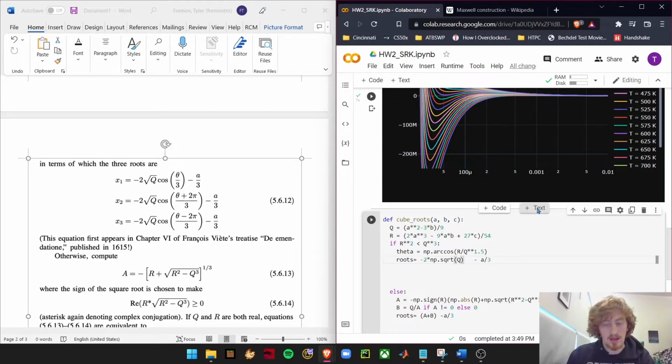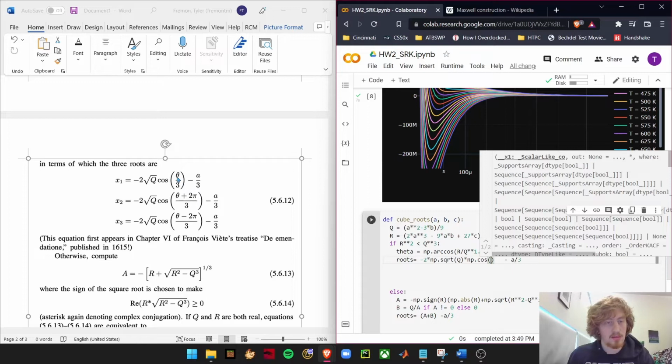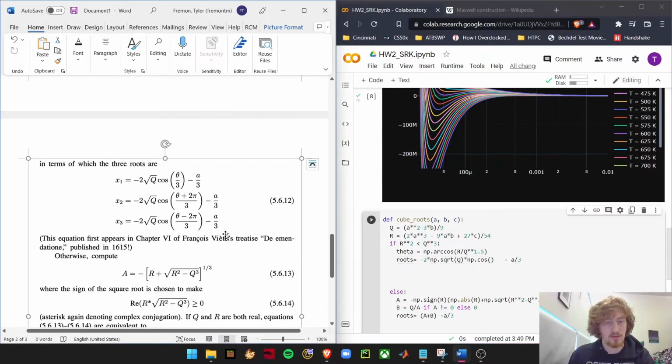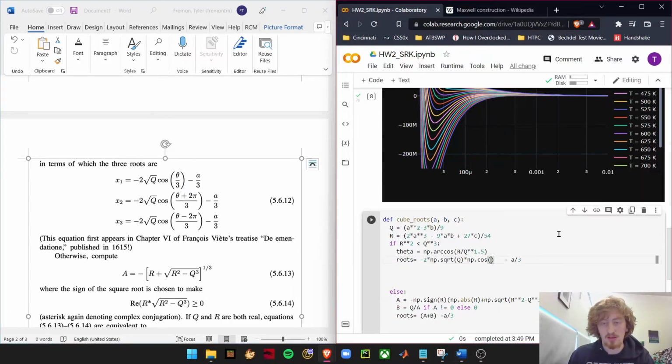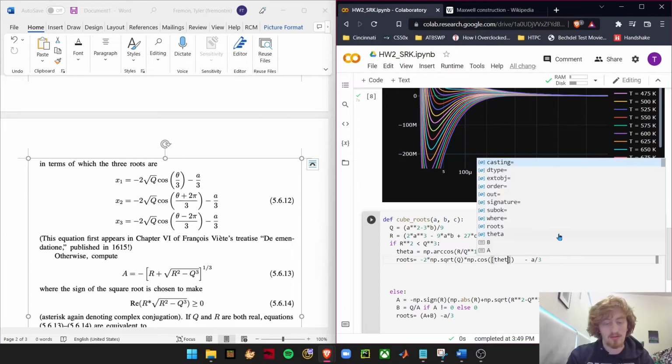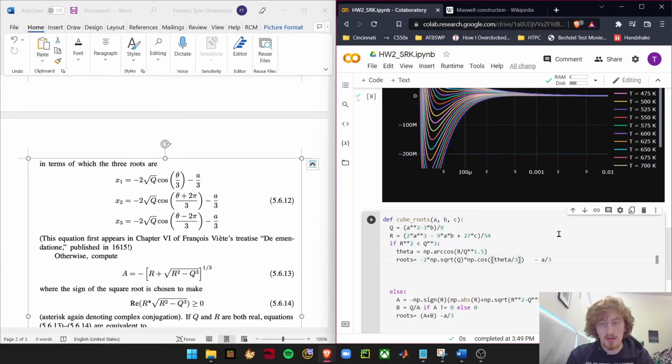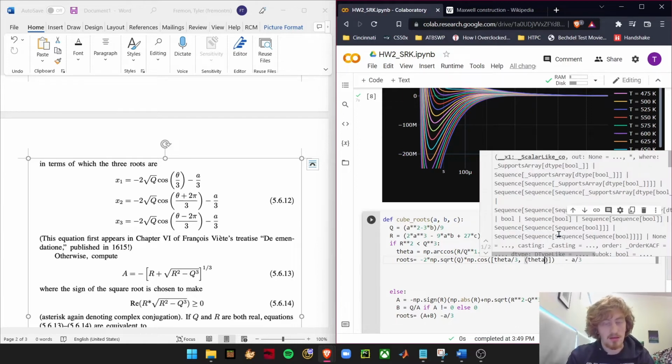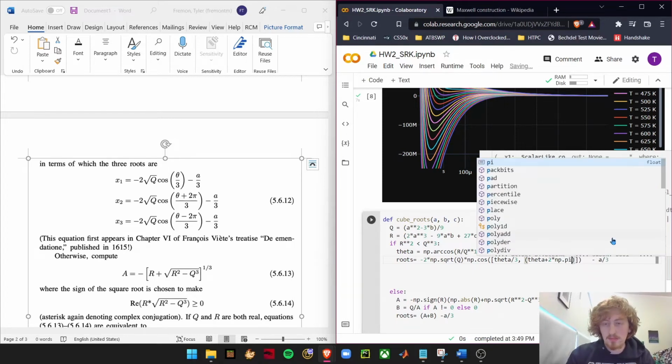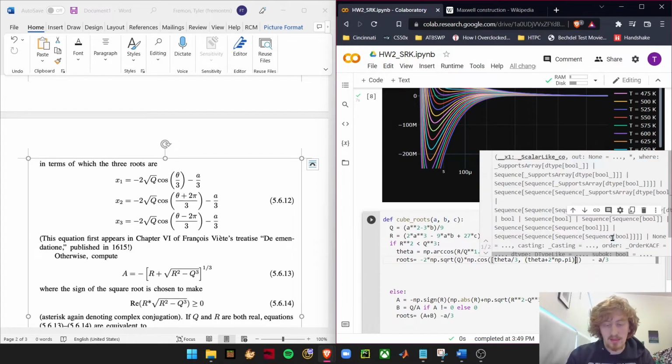And we can go back and add in our cosine. And the term changes for each of these. So we're going to actually set this up as an array. And our first term will be theta divided by 3. Our second term is going to be theta plus 2 times pi, and then that divided by 3.